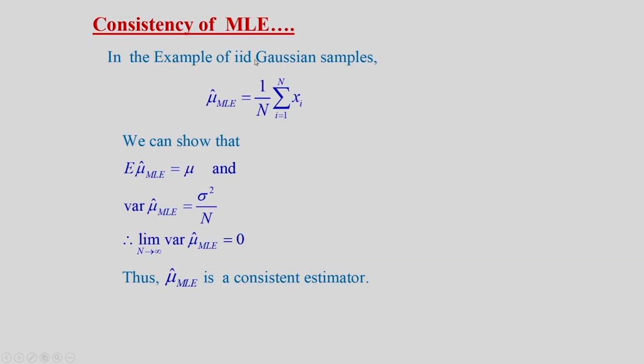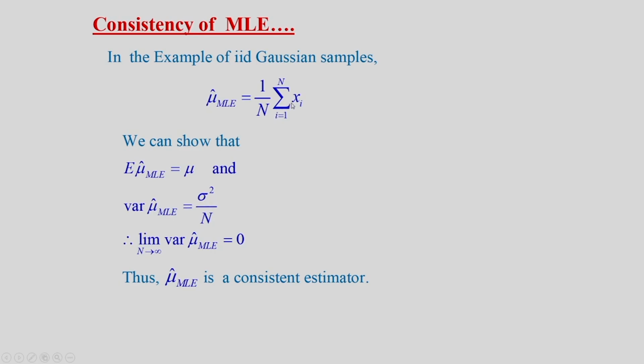In the example of IID Gaussian samples, mu hat MLE is given by 1 by n summation of x i, i going from 1 to n. This is the MLE for mu. Now, we can show that E of mu hat MLE is equal to mu. It is an unbiased estimator, and variance of mu hat MLE is equal to sigma square by n.